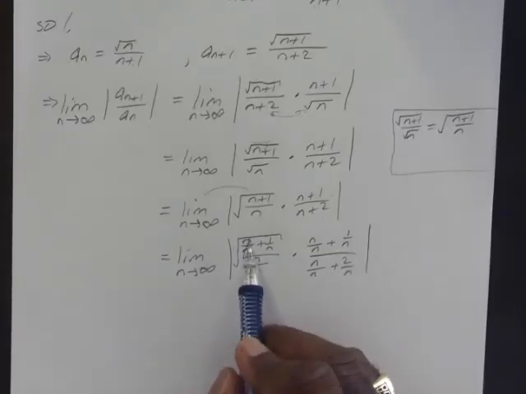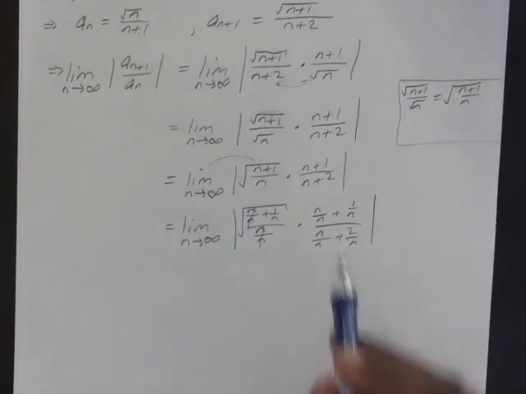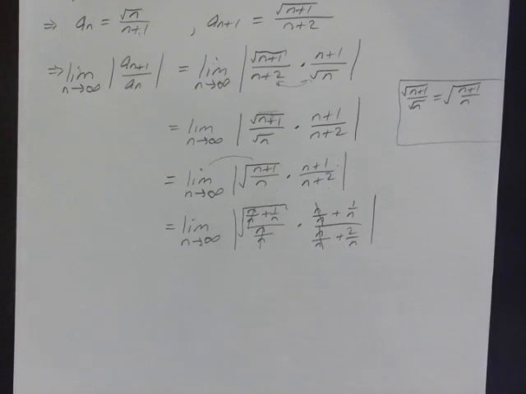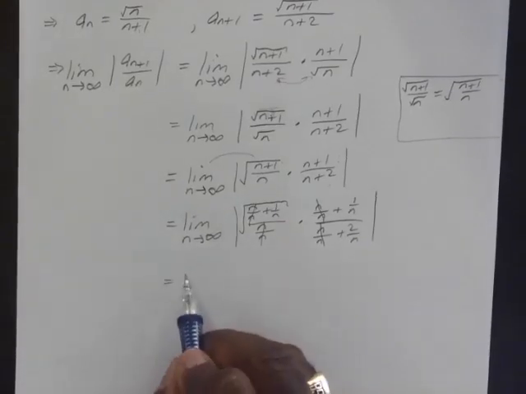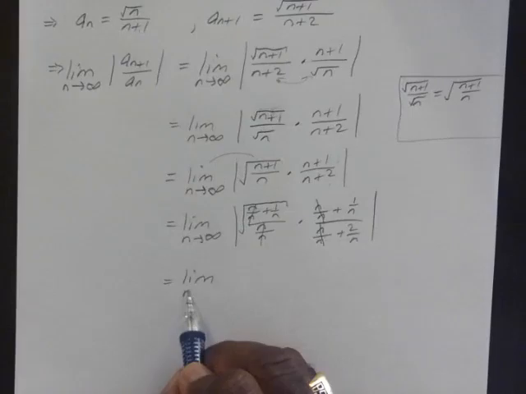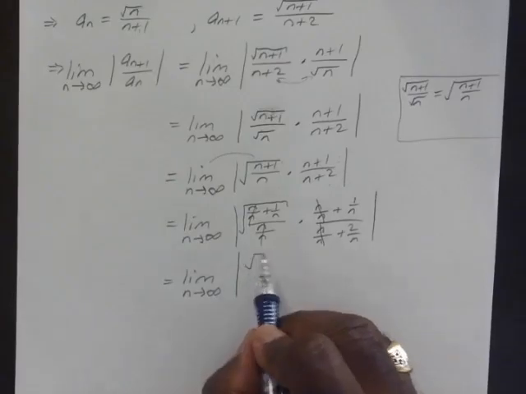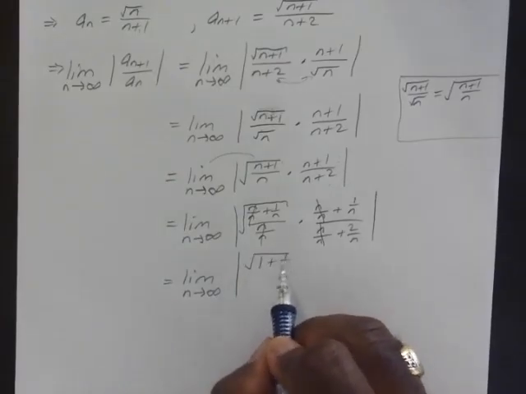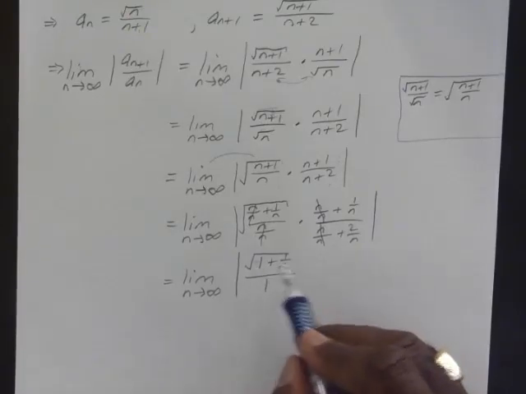Okay, these two cancel out to give us 1. These two cancel out to give us 1. These two cancel out to give us 1. And these two cancel out to give us 1. So that gives us the limit as n approaches infinity of the square root of 1 plus 1 over n divided by 1, or you could just say 1 plus 1 over n.